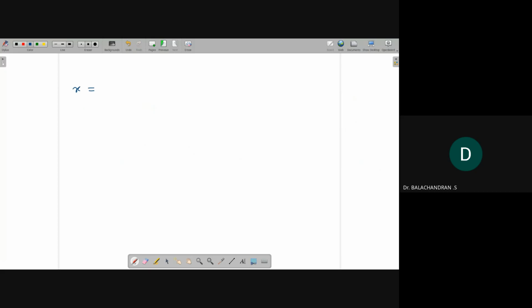Suppose I take x not equal to y, then x comma y are related. I should prove that y comma x should not be in R. But here the relation is not equal. So x comma y is related, which means x is not equal to y.